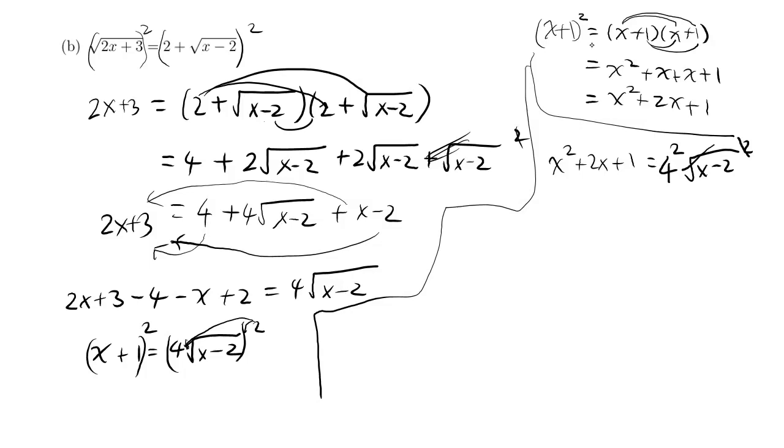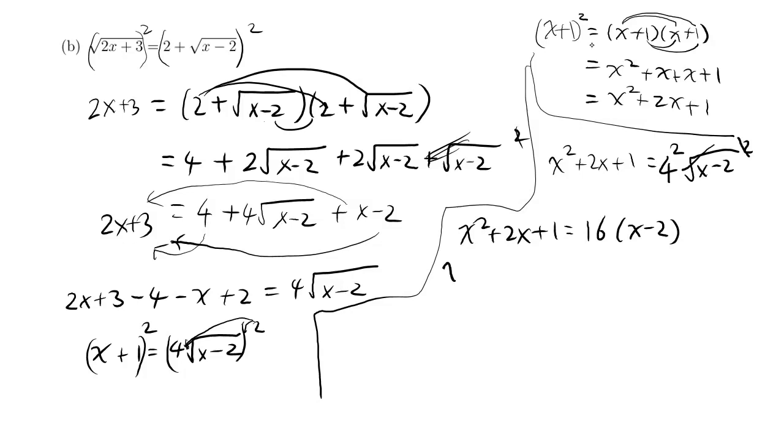So you get x squared plus 2x plus 1 equal to 16 times x minus 2. Don't forget this parenthesis. Forgetting it would be devastating because you did all this hard work and you'd make a mistake.